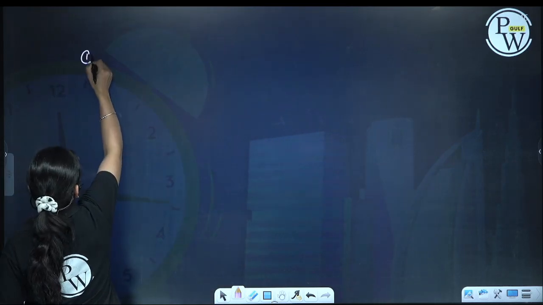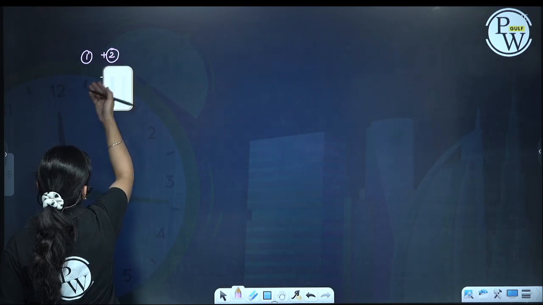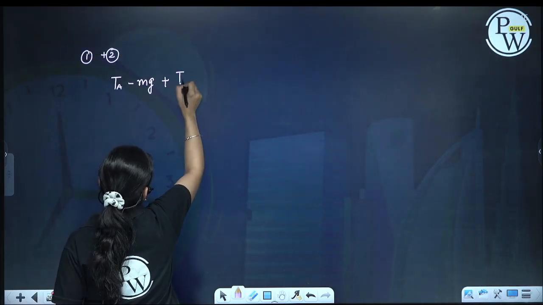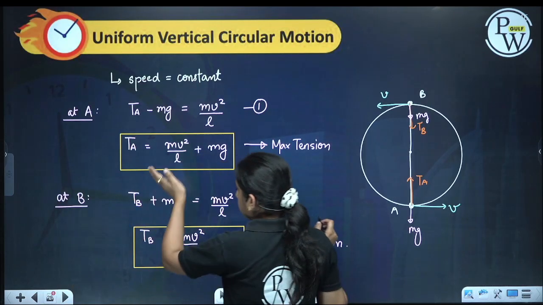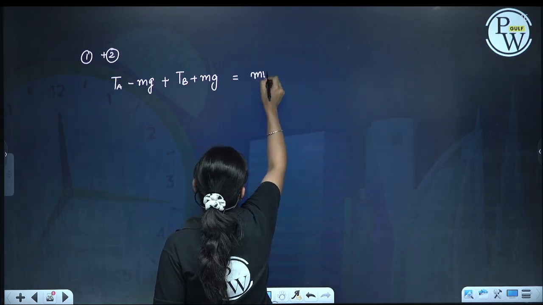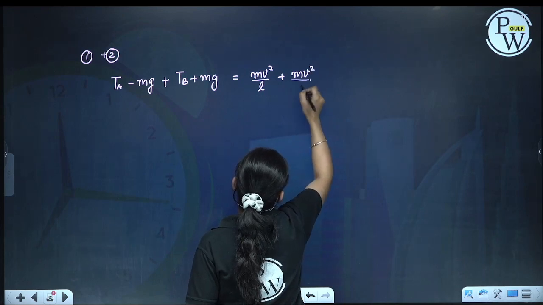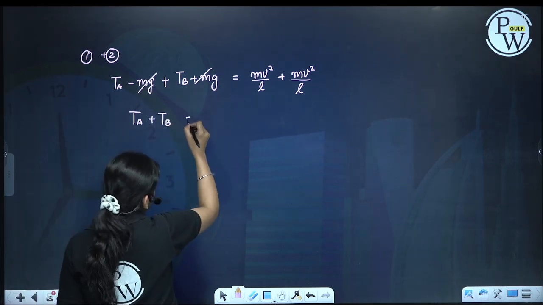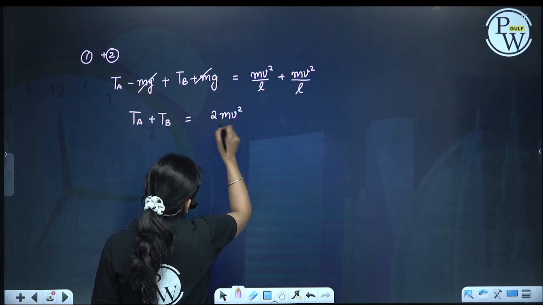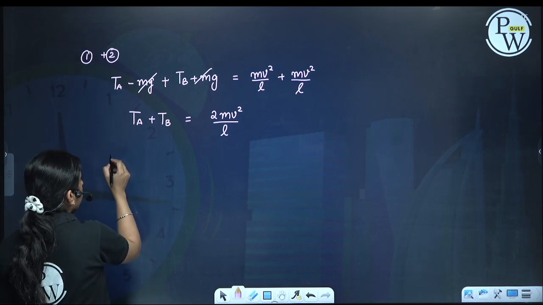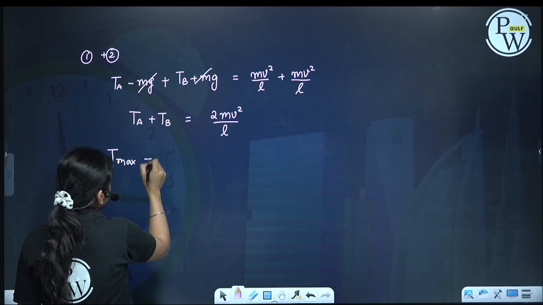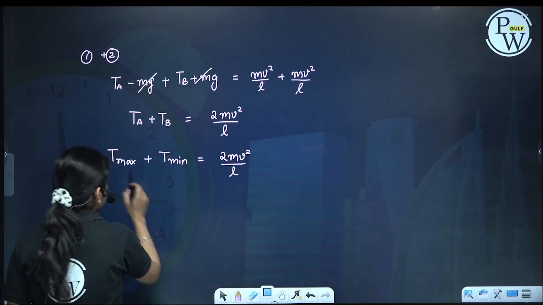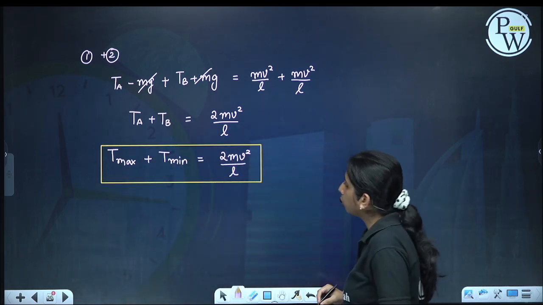Adding 1 and 2: TA minus mg plus TB plus mg is equal to mv square by L plus mv square by L. The mg will get cancelled, so TA plus TB will be equal to 2mv square by L. So we have T maximum plus T minimum is equal to 2mv square by L.